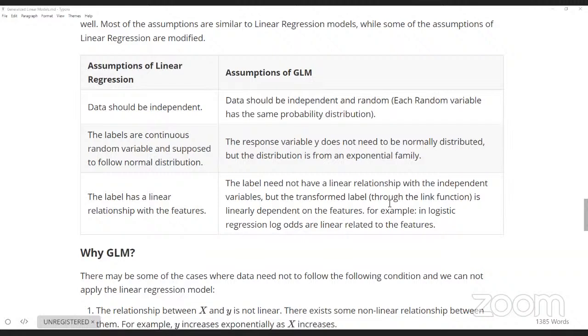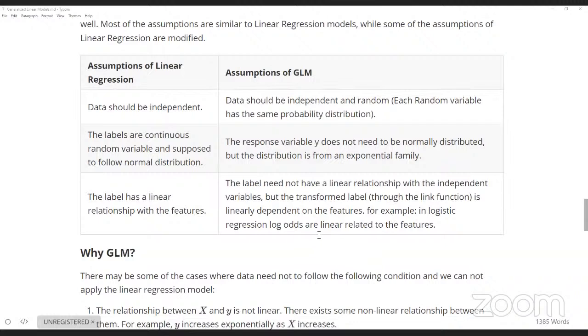The log odds are supposed to have a linear relationship with the features rather than the labels themselves. So transformed labels means that we apply some function, a link function, and after applying it, the transformed labels have a linear relationship with the features. Logistic regression is one example of that.